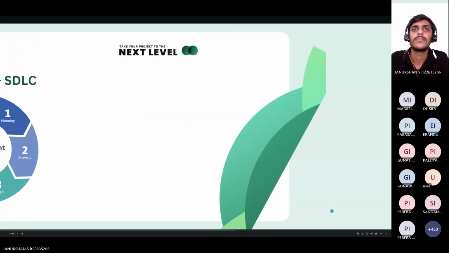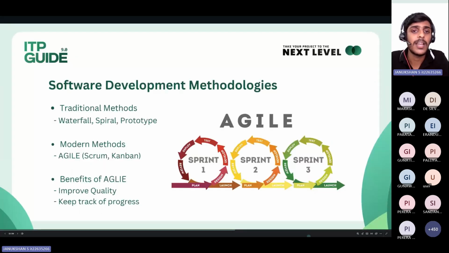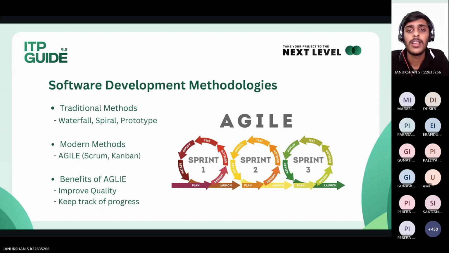Not only that, there are also certain software development methodologies which give a set of project management principles, tools, and technology which you can use in your project. As you may know, there are several methods, such as traditional methods like waterfall, iterative waterfall, spiral, and prototype, and modern methods such as agile.